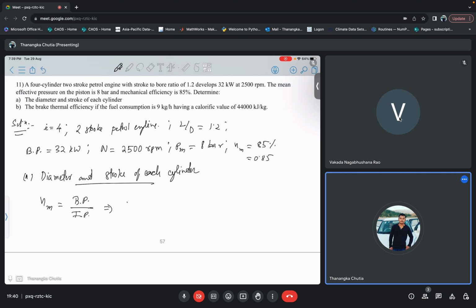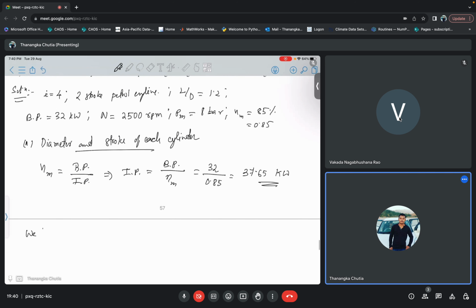So from here, indicated power will be equal to brake power divided by eta mechanical. What is your brake power? 32, and mechanical efficiency is 0.85. So you put it, you will get this one as 37.65 kilowatt. Okay, so this is your indicated power.